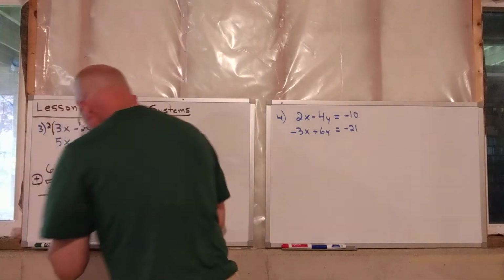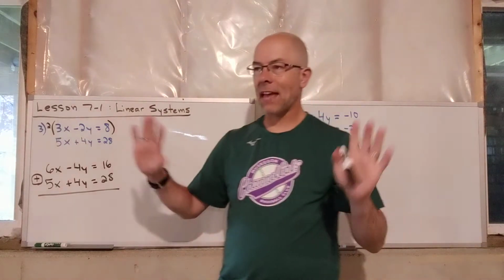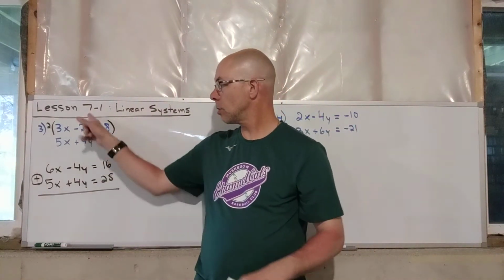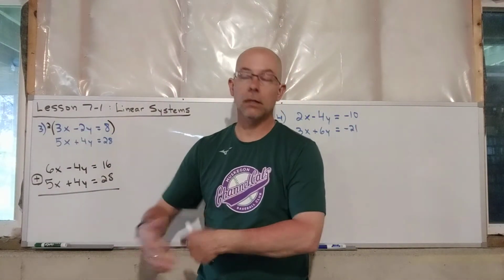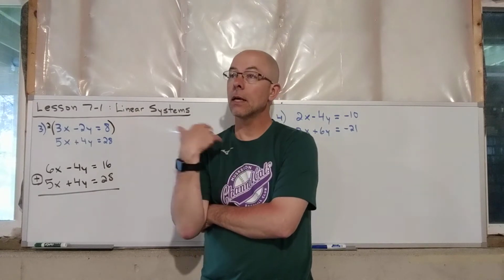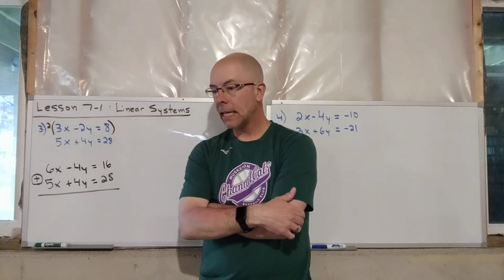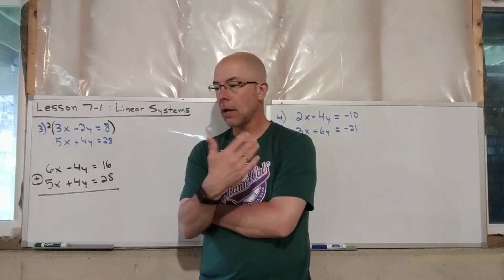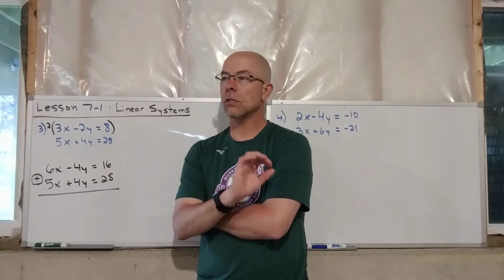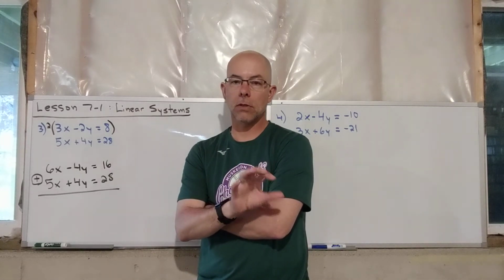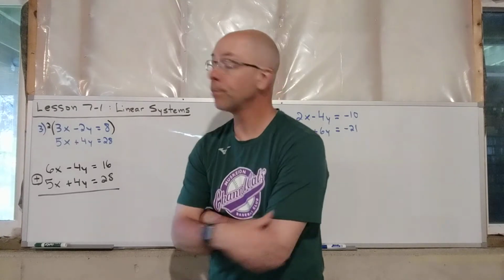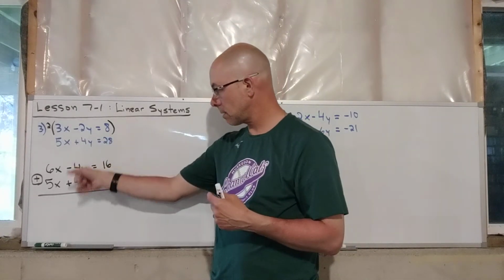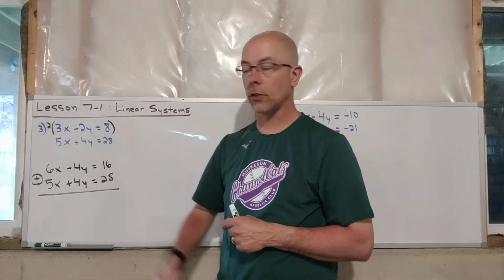Now, listen, you don't always have to add them. You can get the two numbers to be identical and subtract, but I've noticed over the years that students always seem to do the addition better than they do subtraction, so I'm going to stick with addition. So in other words, I'm going to stick with getting something to be opposite signed to each other.